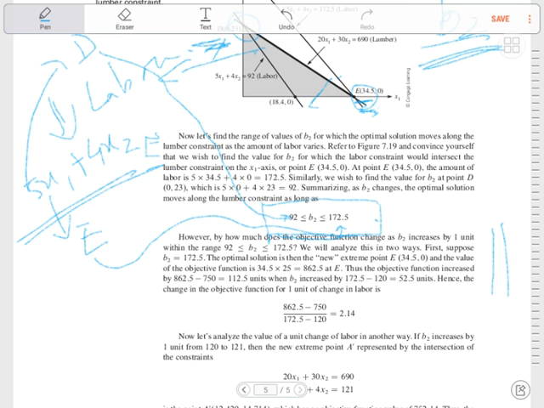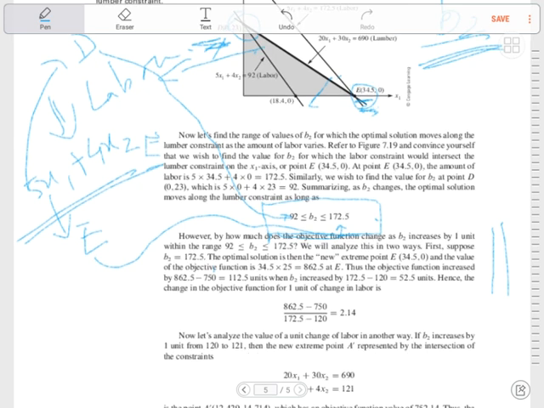Here we are analyzing it in two ways. First, suppose B2 equals 172.5. The optimal value is then the new extreme point, this one. Obviously, if I take B2 to be 172.5, then 5x1 plus 4x2 equals 172.5. But what is 172.5?